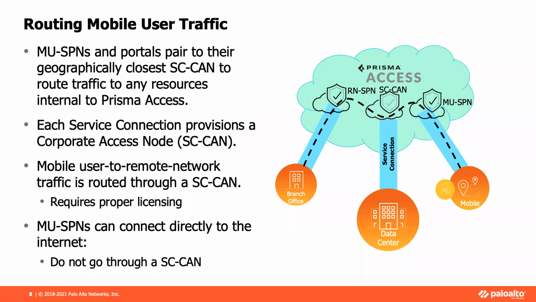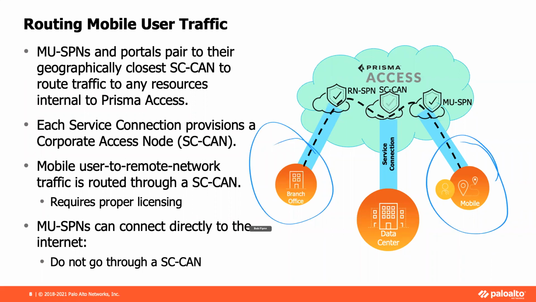Mobile users, if you have that interconnect licensing, and a mobile user may need to talk to, say, a user in a branch office or a remote network, they would normally go straight out to the internet.